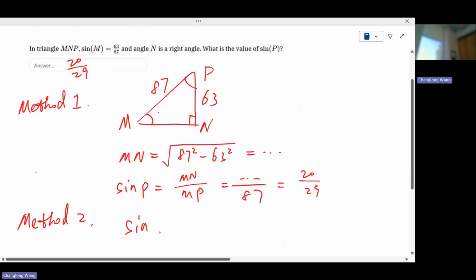Do we have an identity that says a function and its cofunction evaluated at complementary angles are equal? That means if I'm looking at sine P, it's also equal to cosine of angle M. Does it make sense? Okay, so now I know sine M.